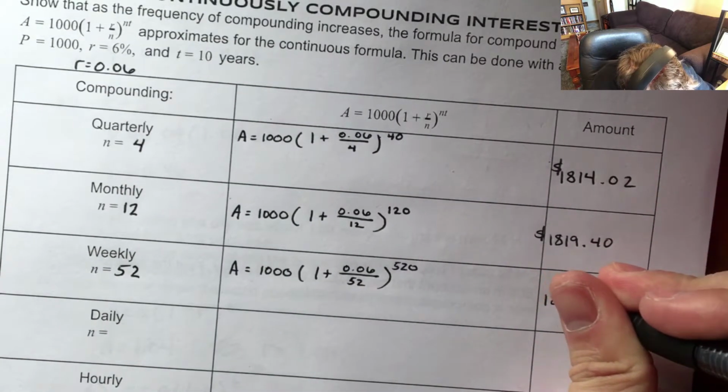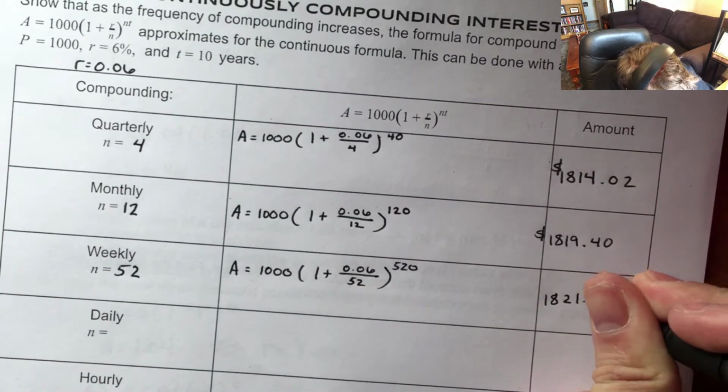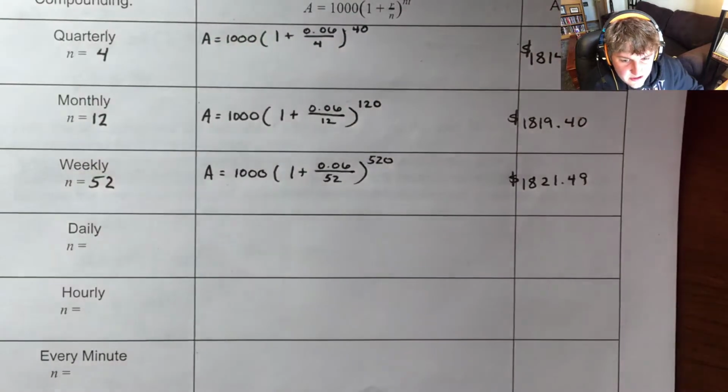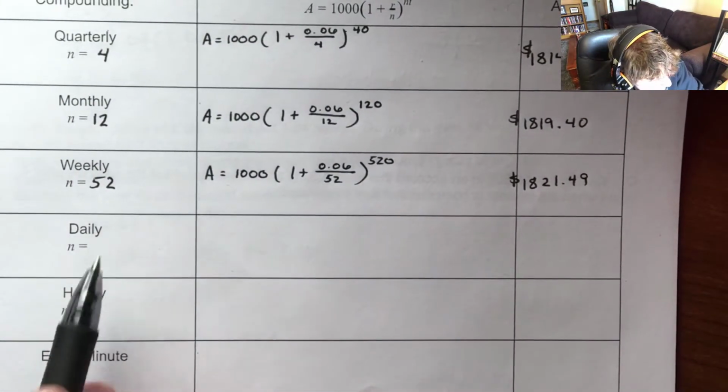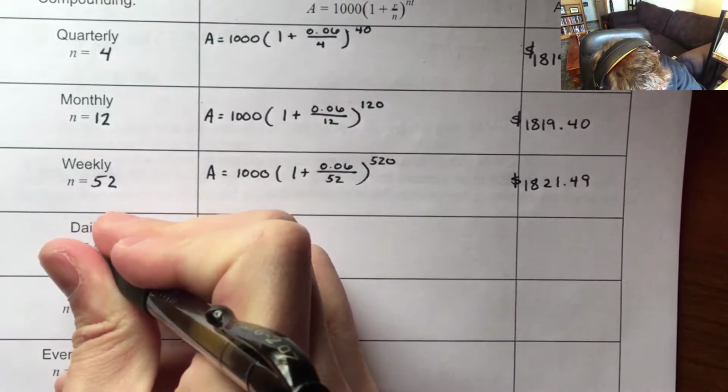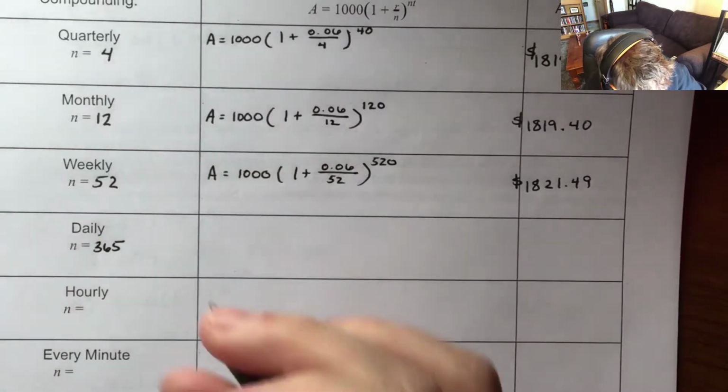As we can see here, it's increasing ever so slowly, but it is increasing. Okay, daily. As I increase the number of times in a year, we can see it is steadily increasing. So daily would be 365.